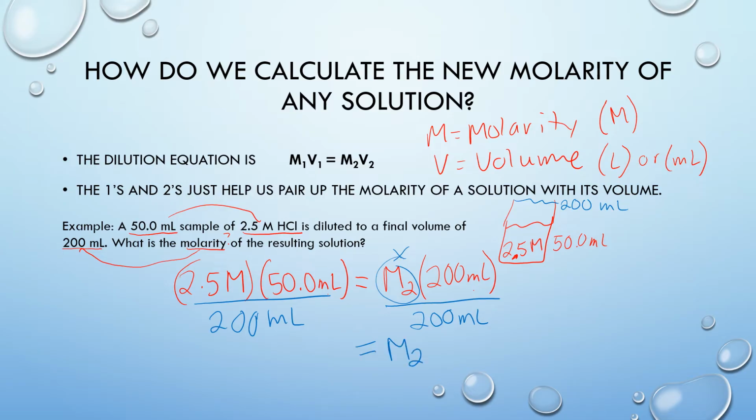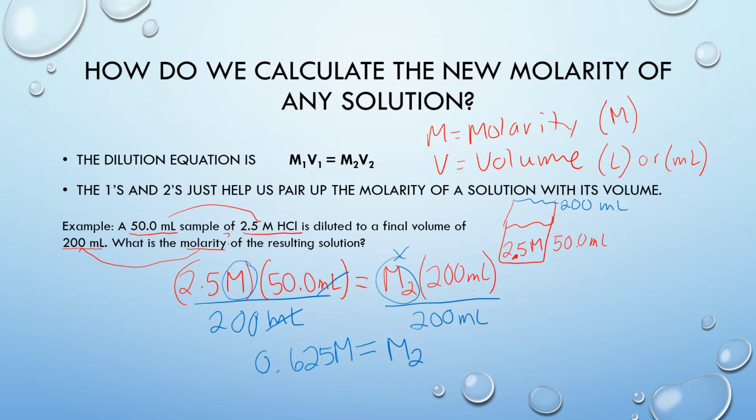So M2 equals 2.5 times 50 divided by 200. And our final answer is 0.625. Now, units, we are canceling our milliliters and we are left with our capital M, which is our molarity.